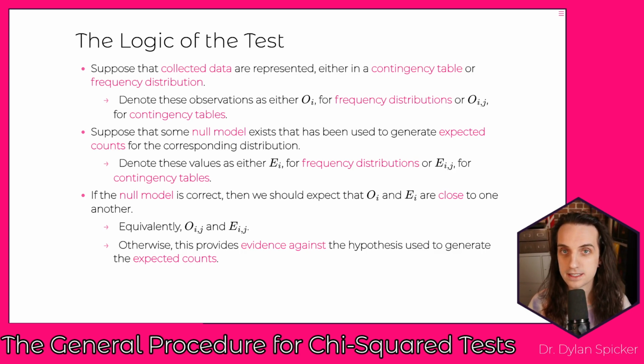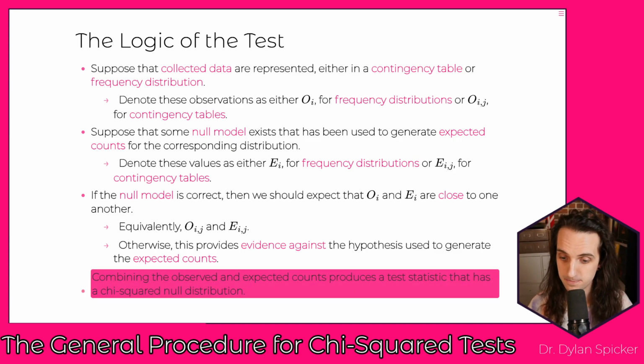And so the closeness or the farness of our observations with our expectations somehow gives rise to an assessment of the likelihood of our hypothesis. By combining the observed and the expected counts, this is going to produce a test statistic that has a chi-squared null distribution, which again is why we refer to this as the chi-squared test.